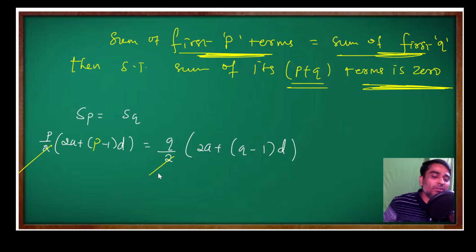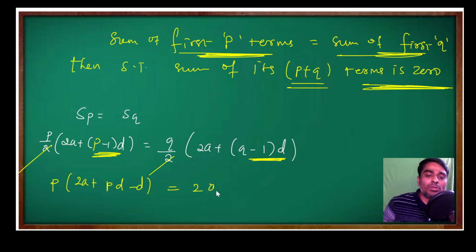Then multiply this part. P into 2a plus pd minus d equal to q into 2a plus qd minus d.